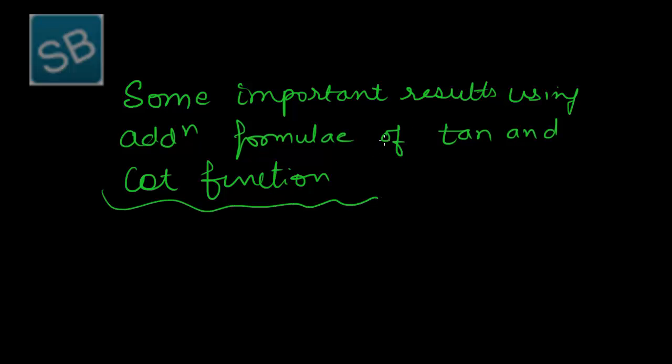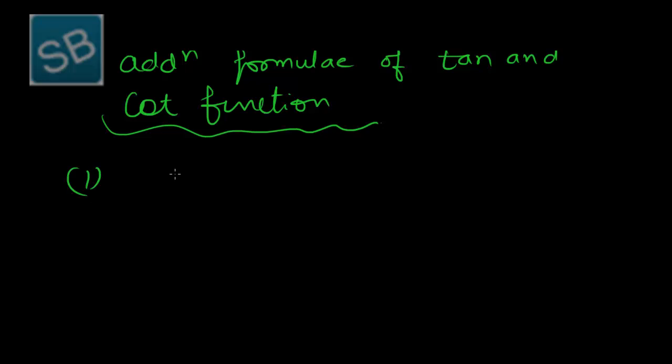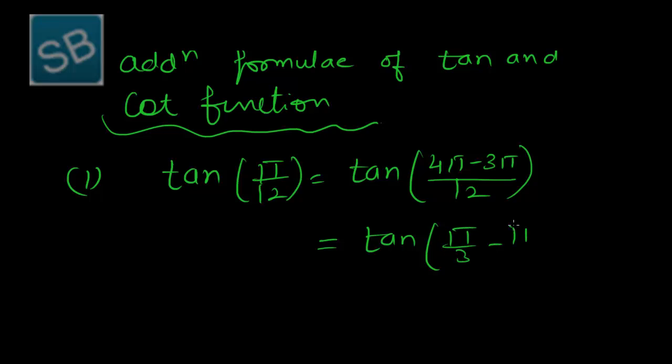So first of all, we find the value of tan pi by 12 by using the addition formula. We can write it as tan (4 pi minus 3 pi) over 12, that is tan (pi over 3 minus pi over 4).